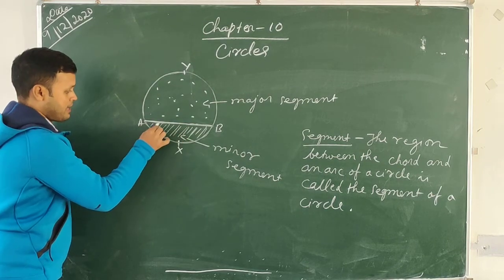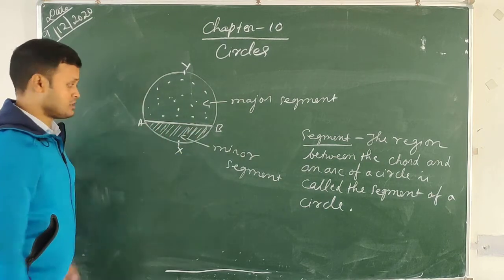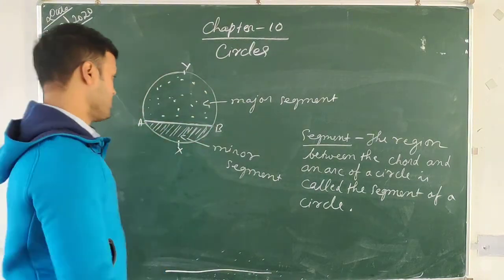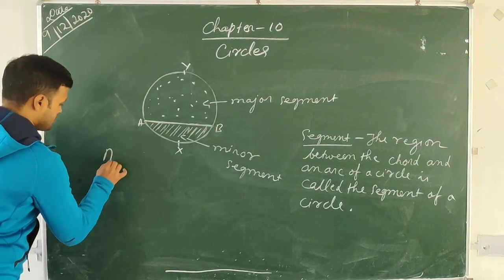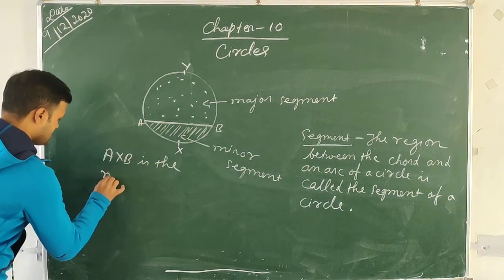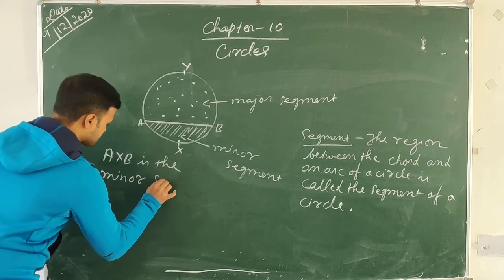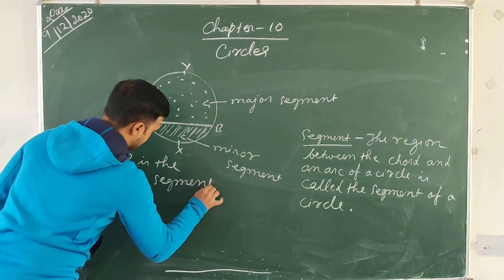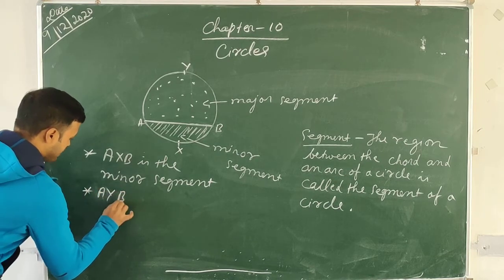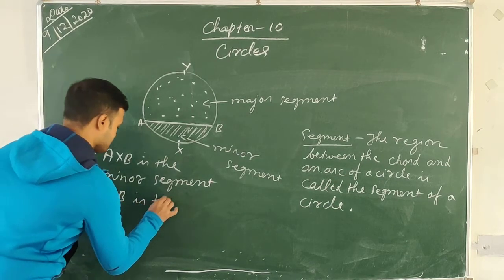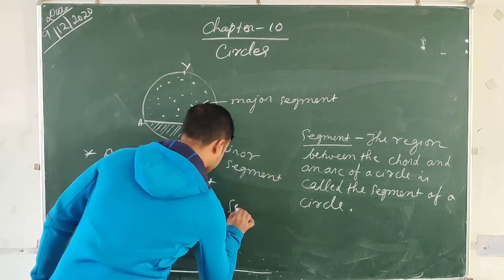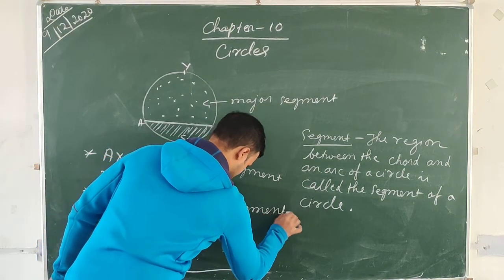But this is the smaller part, so this is called the minor segment, and this is the bigger part, so this is called the major segment. So how will we name this? AXB is the minor segment, and AYB is the major segment.